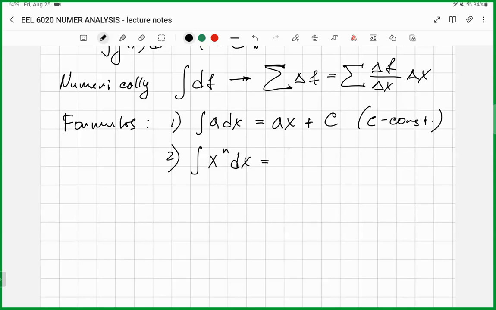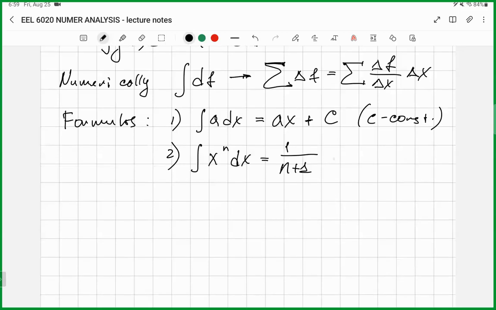In this case, we divide by n plus 1. For the derivative, we had n minus 1 and multiplied. In this case, it's divided by n plus 1, and the power is increased by 1, so x to the power of n plus 1.